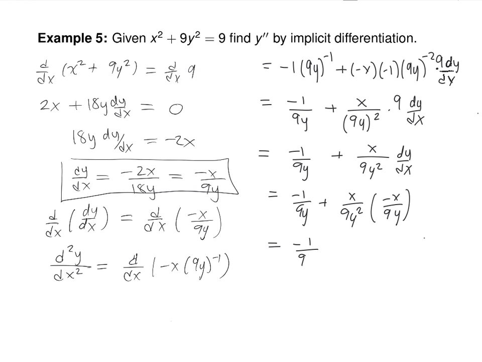So negative 1 over 9y minus x squared over 81y cubed. Now, I'm completely fine with that as an answer as long as you get a common denominator. So what would you need to multiply by to get that common denominator? 9y squared. So we got negative 9y squared minus x squared over 81y cubed.